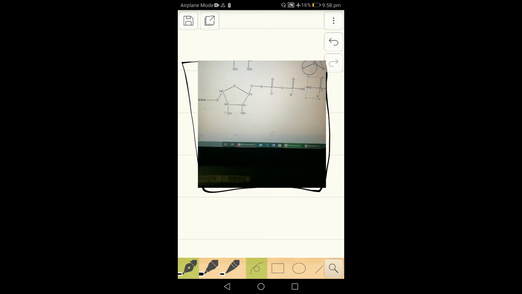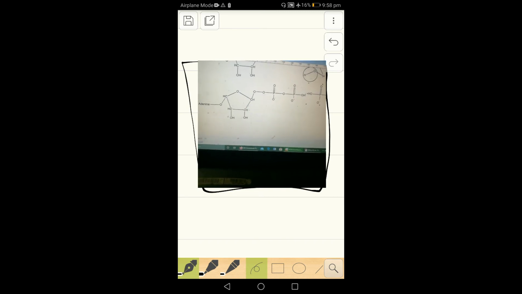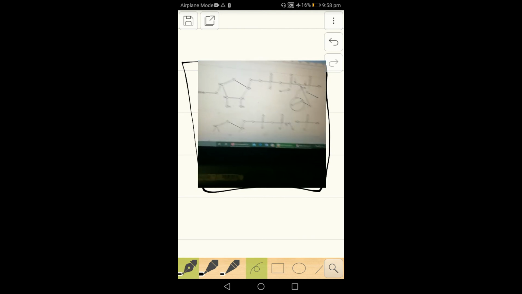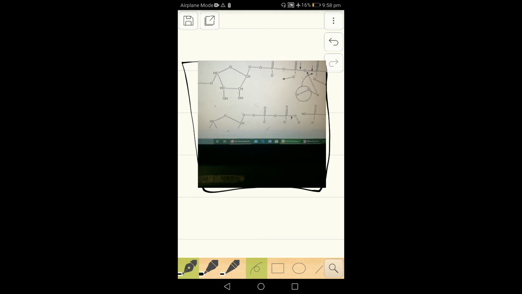The linkage formed here is a PO linkage, which is quite stable. Then we have here an OH bond, I guess you can see it.